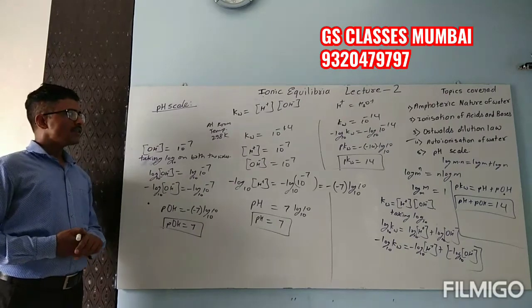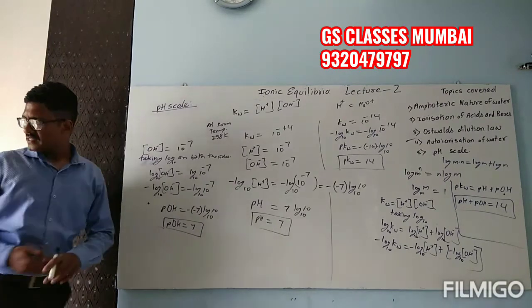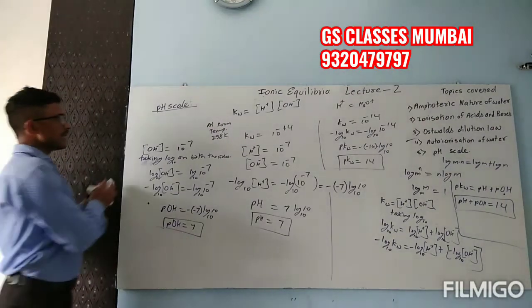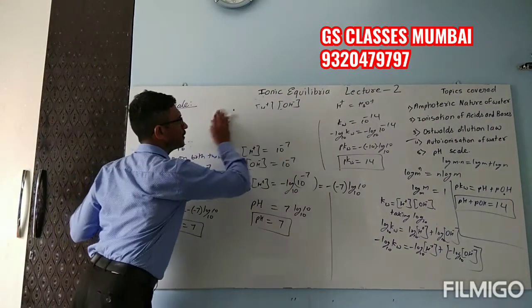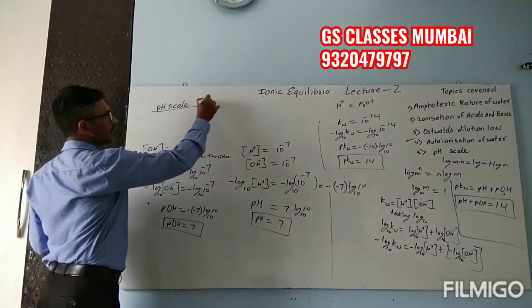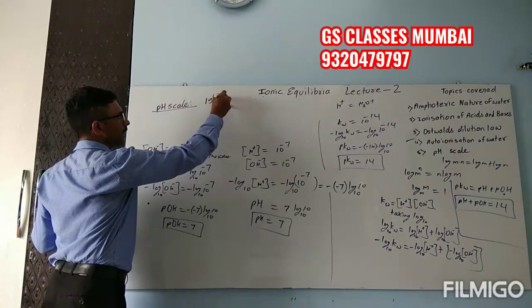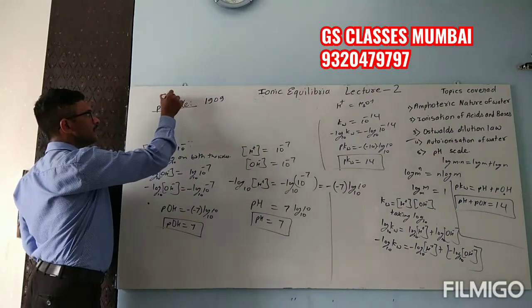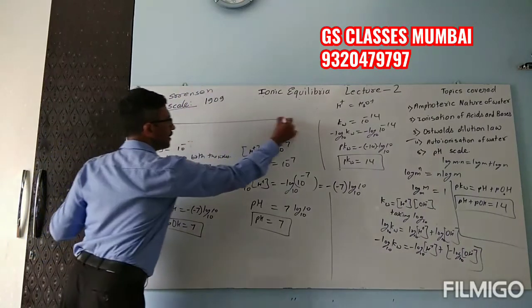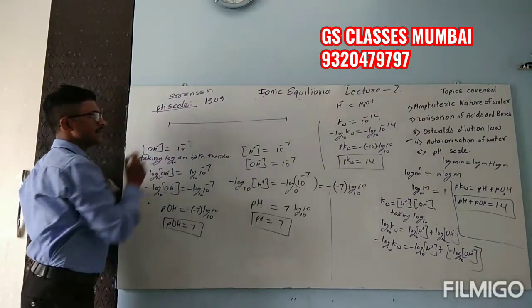Now, on this basis, one scale was developed. And what is that scale? A scientist, Mr. Soren Sen, in 1909, has made a scale.